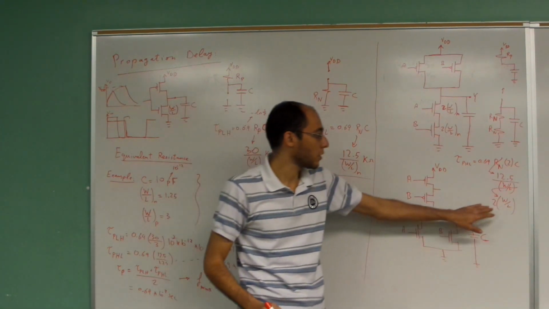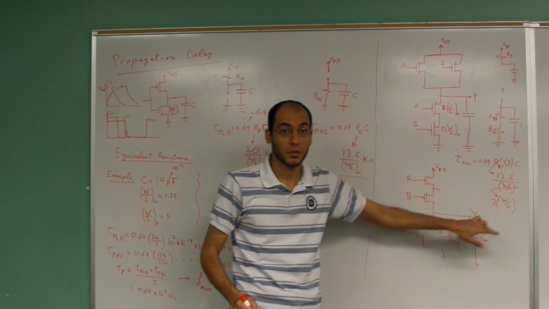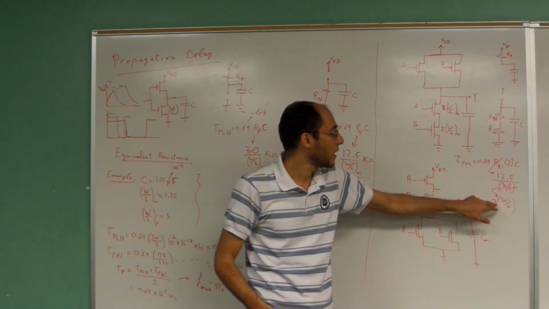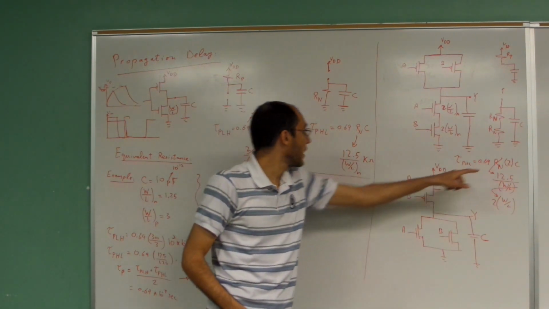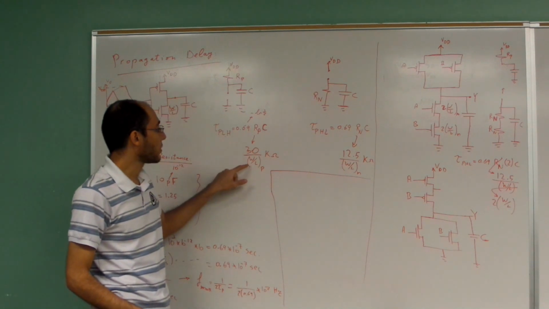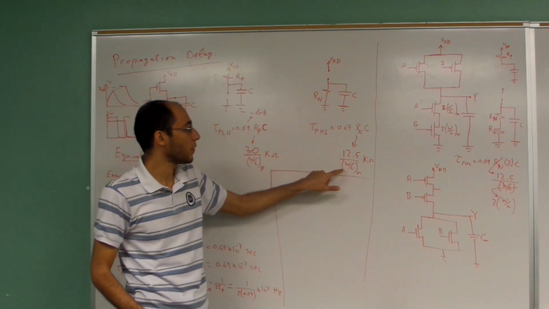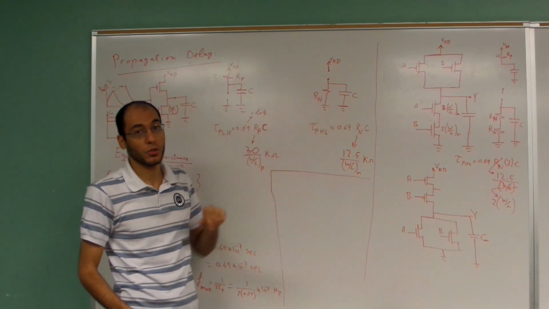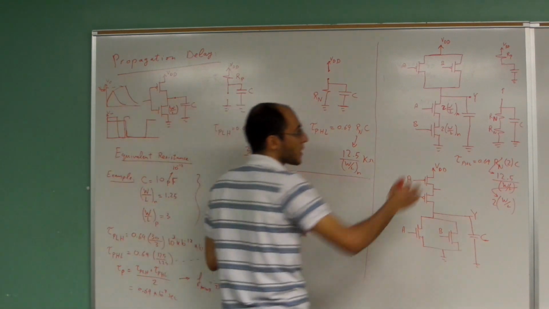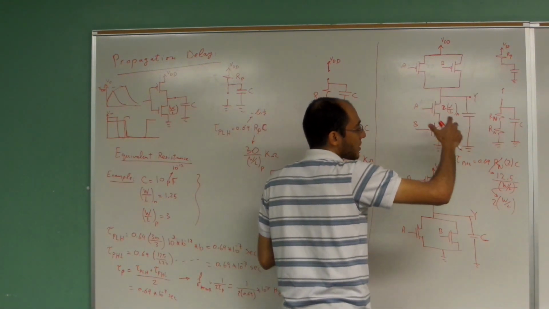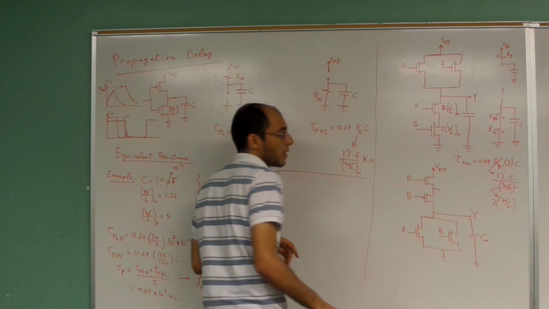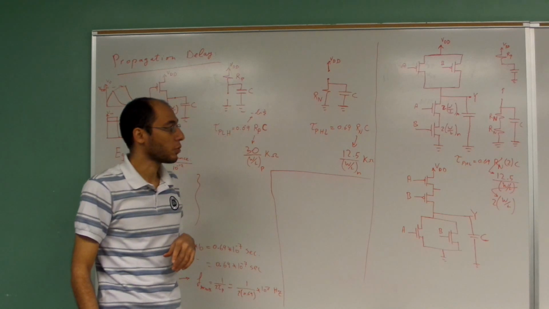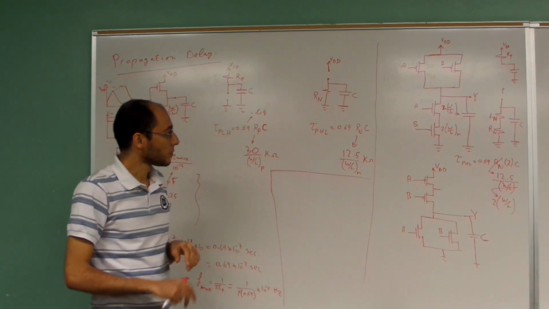Why is that? Because basically Rn is defined as 12.5 over W over L of the transistor that you're working on. In that case, our transistor has a dimension that is twice as big as the regular transistor, and that's why you divide by twice the value of W over L, right?